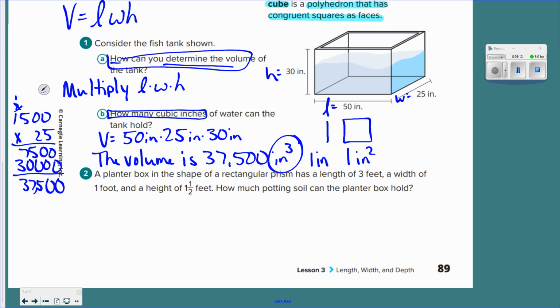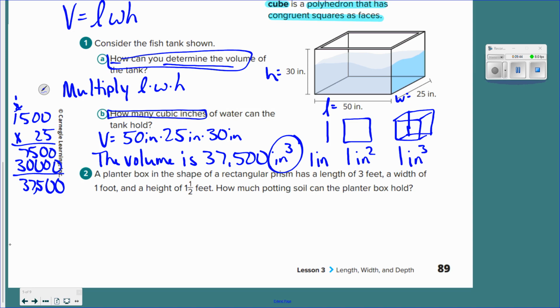No. This is 1 cubic inch. Do those look the same? No. So if it says inches squared, is that the correct answer? Absolutely not. If it says inches, is that the right answer? Not even close. So is it important to have your units correct? Absolutely. Those are completely different, guys. You have to be very accurate in what you're putting.